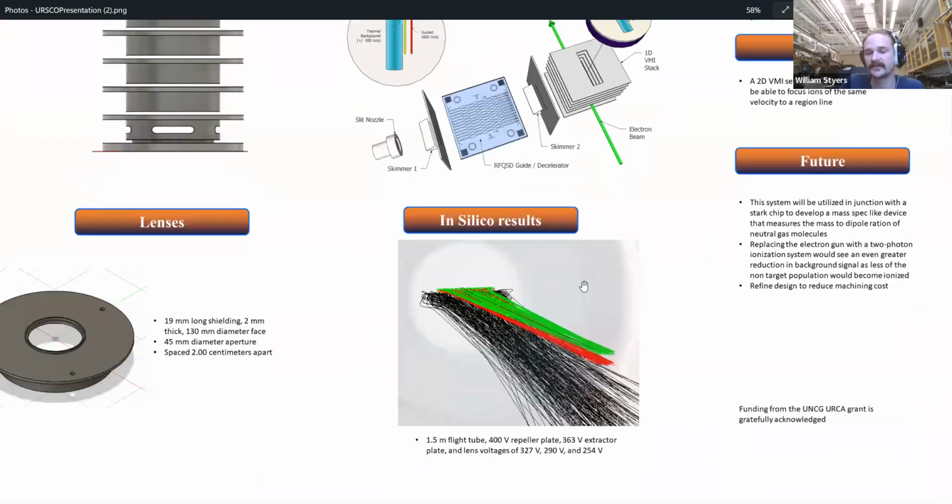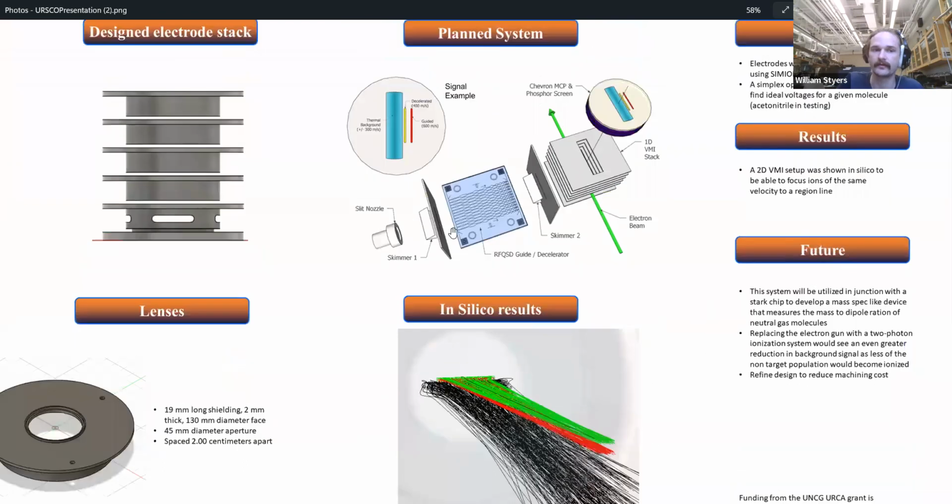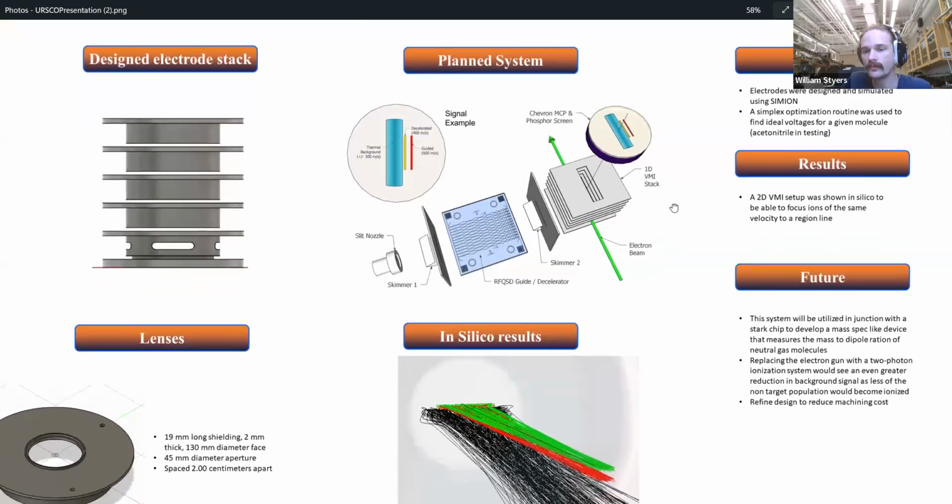So we can see ideal voltages that were selected for this run here, with the base plate being 400, the next extractor plates being 363, 327, 290, and 254, with this final plate being a ground plate, always locked at 0.